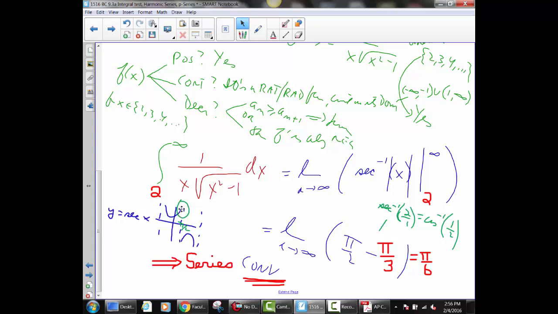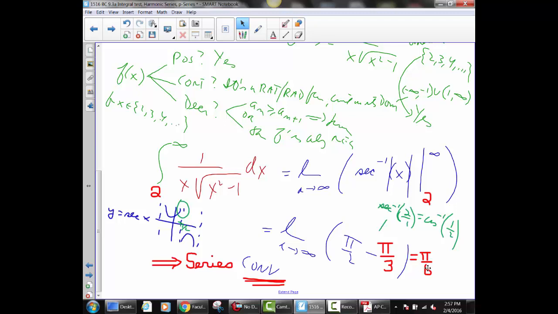So you can see if you look at the graph of secant that in the first quadrant, the place where it's approaching positive infinity is going to be pi over 2. And then minus the inverse secant of 2, which is the same thing as the inverse cosine of a half, which is your 60 degrees, or pi over 3. So pi over 2 minus pi over 3 is actually pi over 6. So the limit as a approaches infinity of pi over 6 is pi over 6.